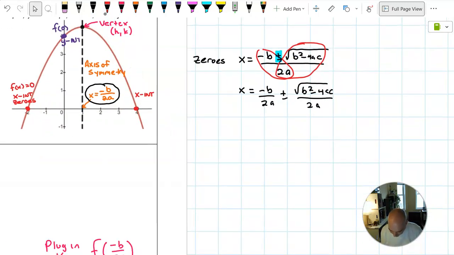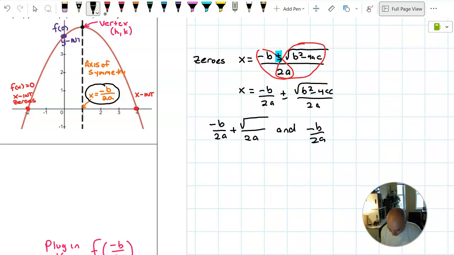That means the two zeros, the two x-intercepts, are negative b over 2a plus this thing over 2a, and negative b over 2a minus this thing over 2a. And look at the axis of symmetry.